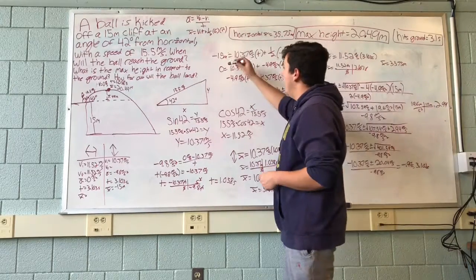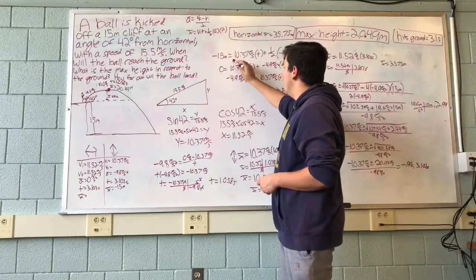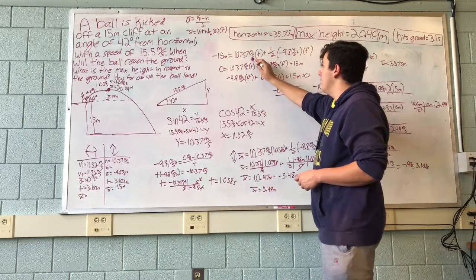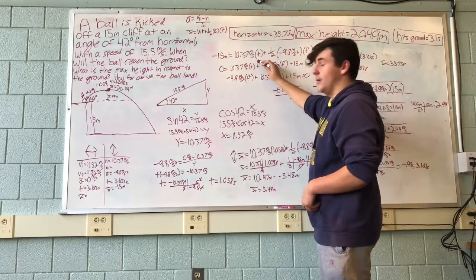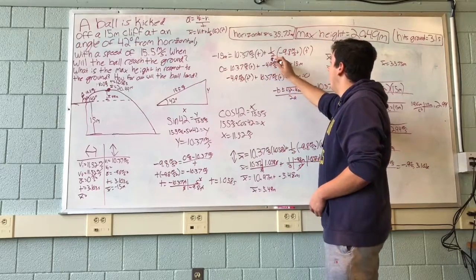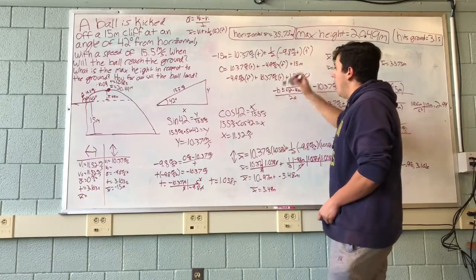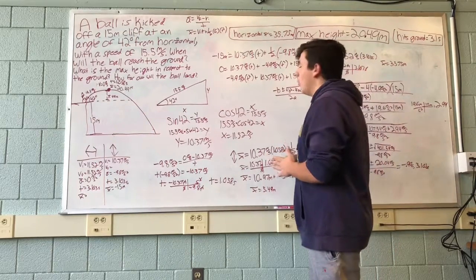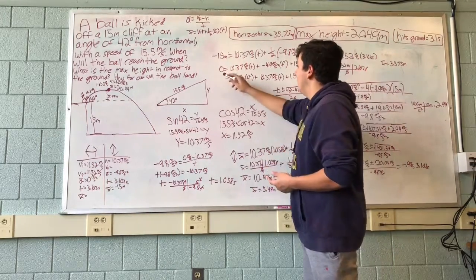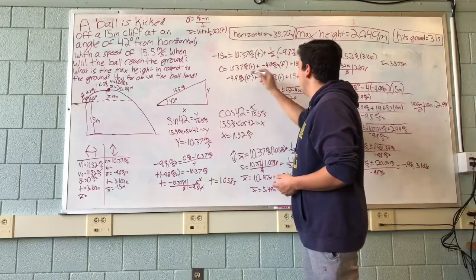So you have negative 15 meters is equal to 10.37 meters per second times time, because that's what you want to solve for, plus 1/2 times negative 9.8 meters per second squared times time squared. Because you want to turn this into a quadratic, you add 15 to both sides and rearrange it.